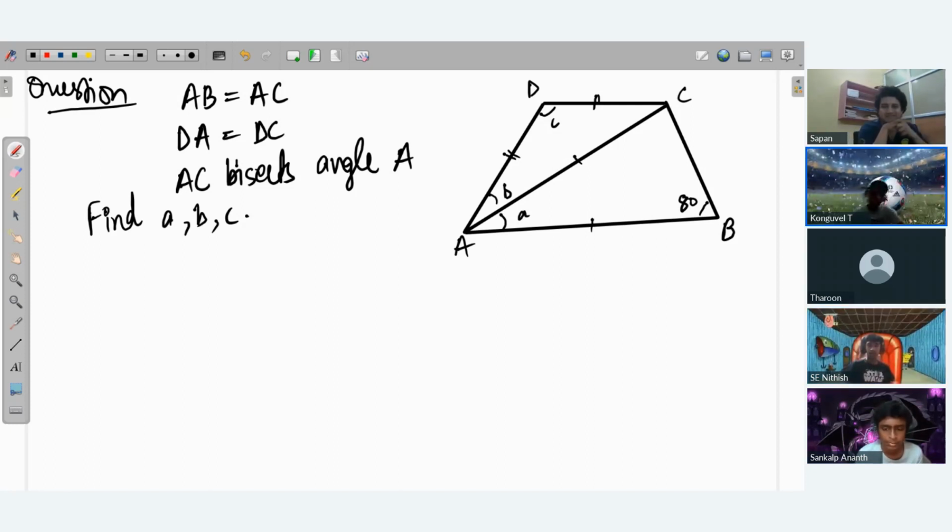You have to use your brain. Bruh. Sir, is ABC an isosceles triangle? I don't know. Oh my god, why are you asking that? It's just literally two lines of information given.